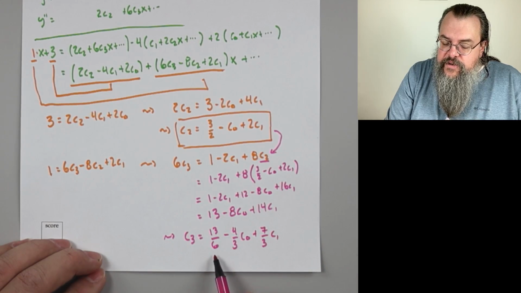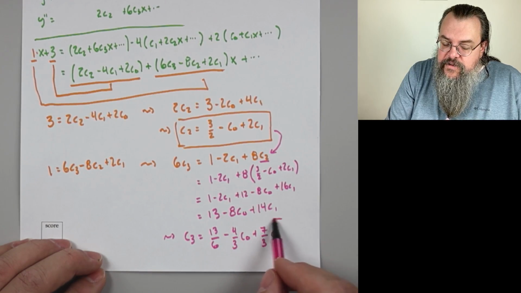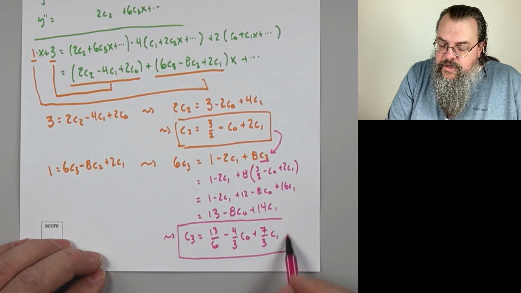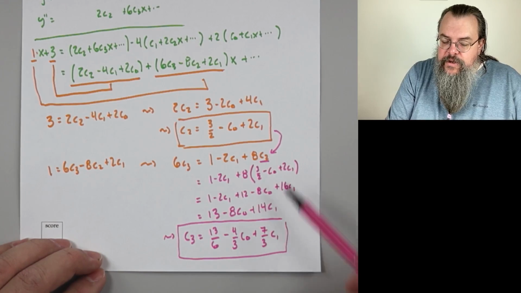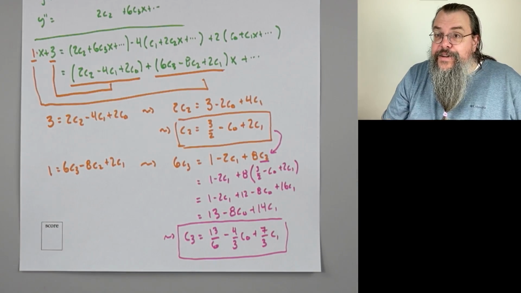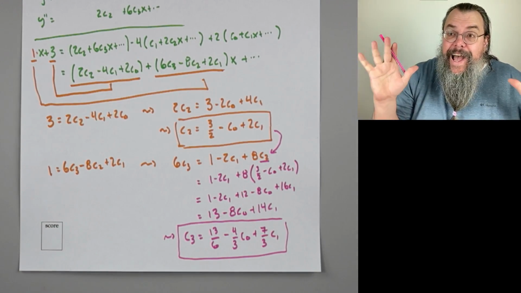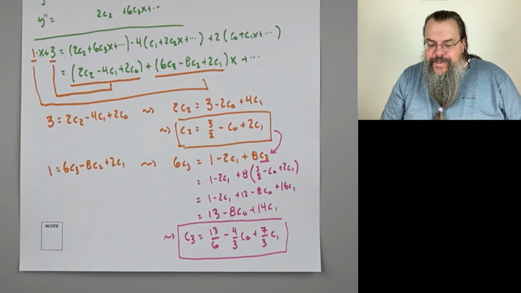So 13 over 6 minus 4 over 3 c0 and 7 over 3 c1. And there we go, c2 and c3 written in terms of c0 and c1. All right, good.